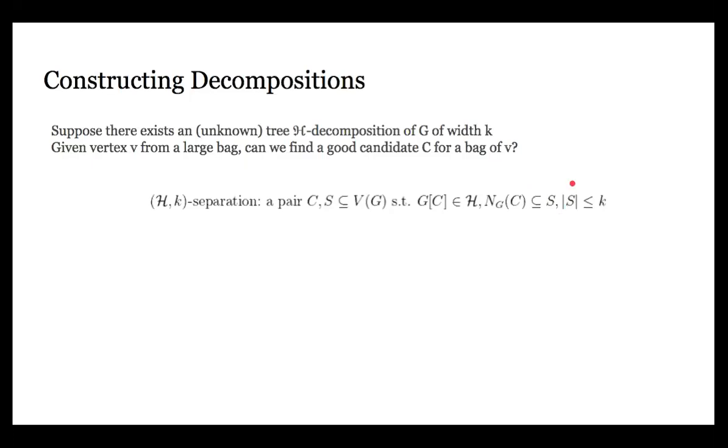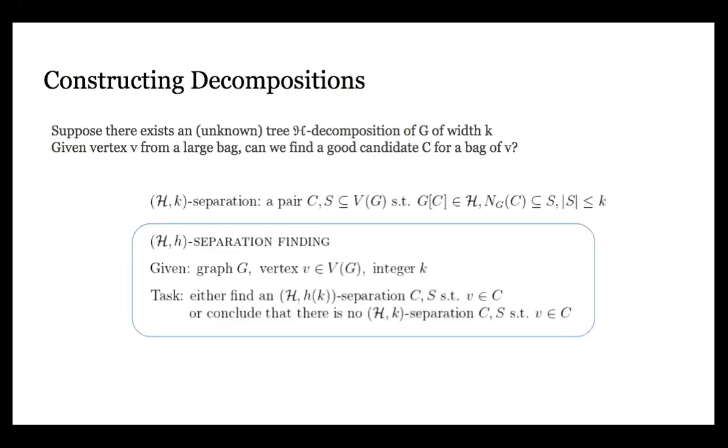And we would like to be able to find such structures to cover a given vertex V. And we define a subproblem called h-separation finding, where the small h is some function.